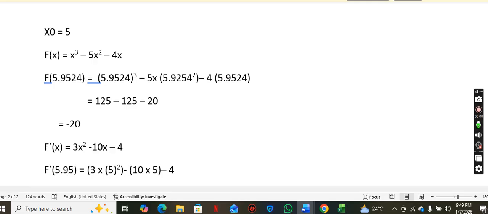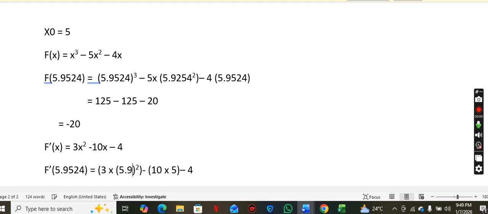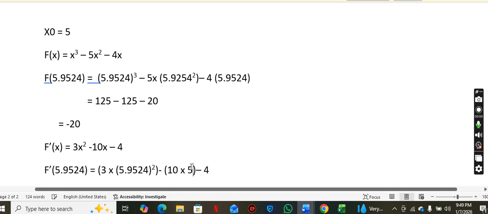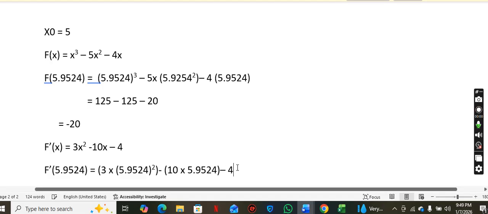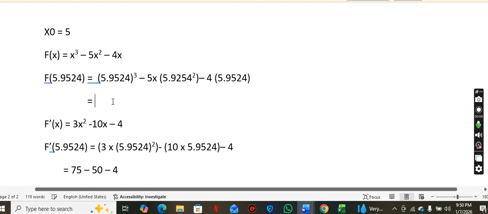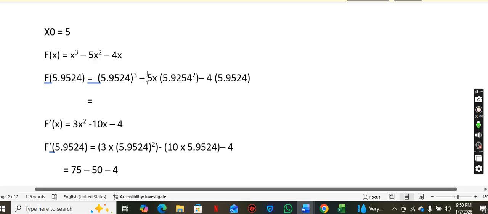Just give me final answers, because you'll get tired reading all these numbers. Put it like this in your calculator.